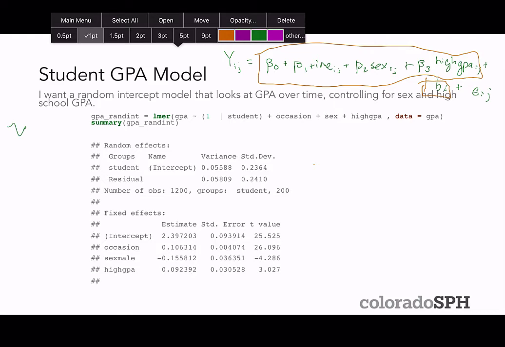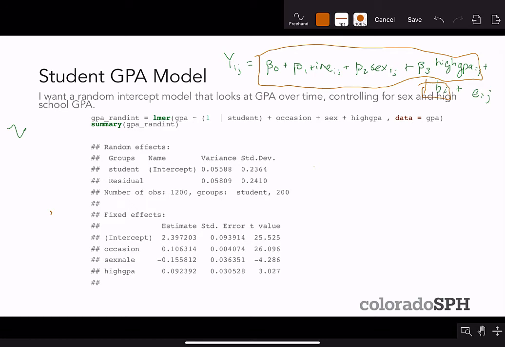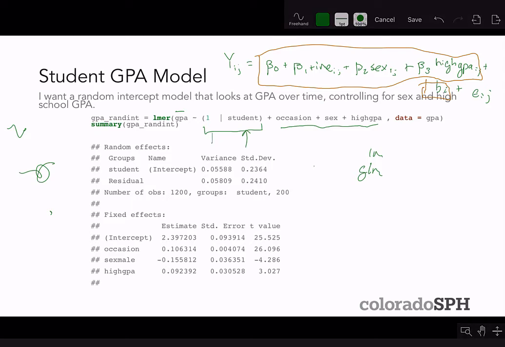And I'm modeling it the same way I did for the random intercept model for the pigs data, where the outcome is GPA. The fixed effects are written out here the same way you would write a fixed effect in an LM or a GLM model. And this term contains the random effect where the ID for the person is on the right-hand side. Whatever is being taken multiple measurements of on the left-hand side specifies the effect. So just a 1 on that left-hand side there specifies that I want a random intercept.